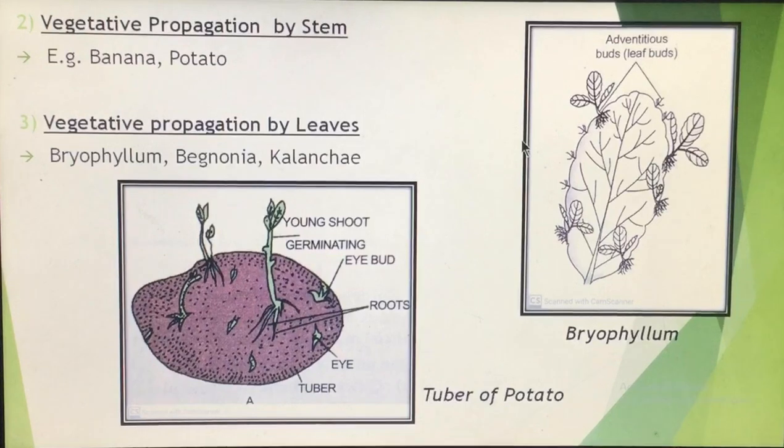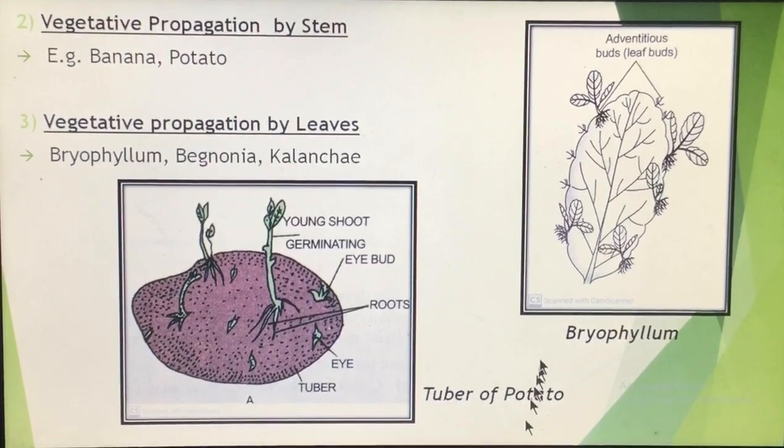So these are the three examples of vegetative propagation: by the root, that is in sweet potato, by the stem, that is in potato, and by the leaves, that is in case of Bryophyllum.